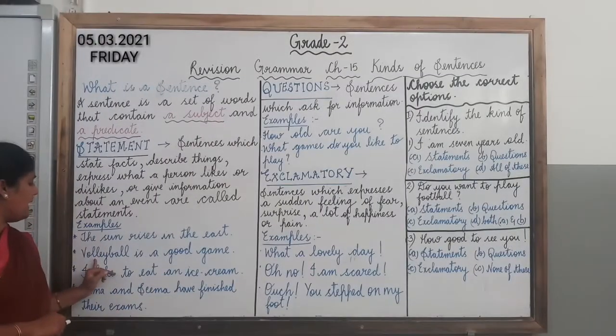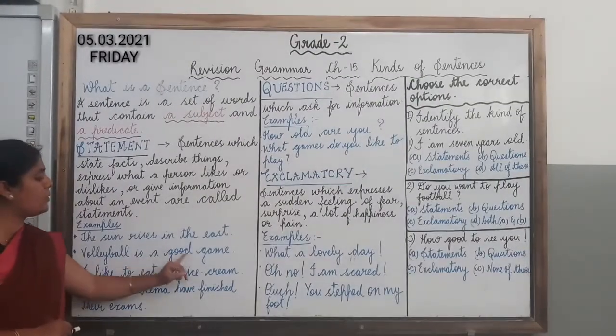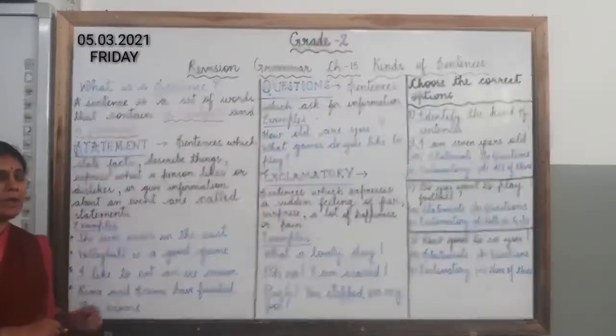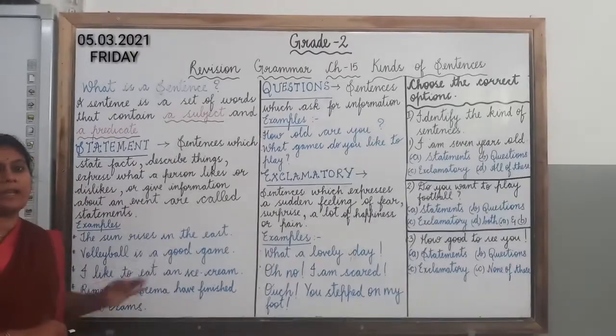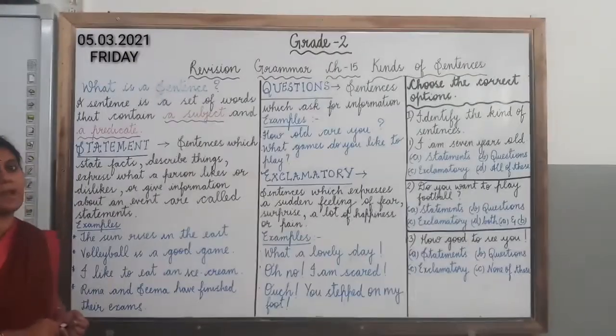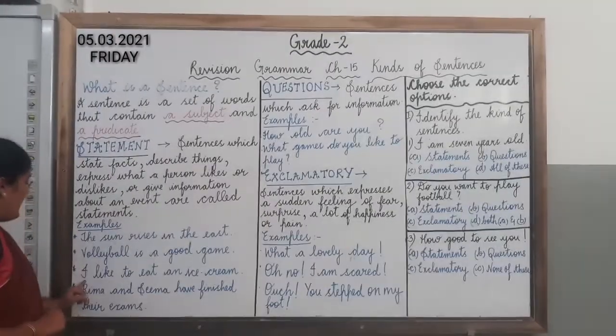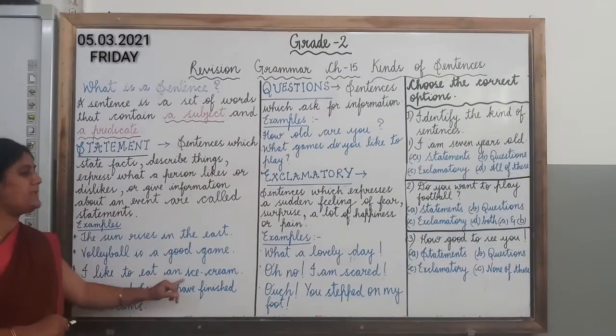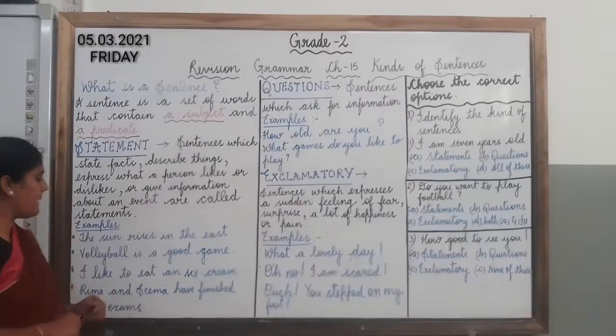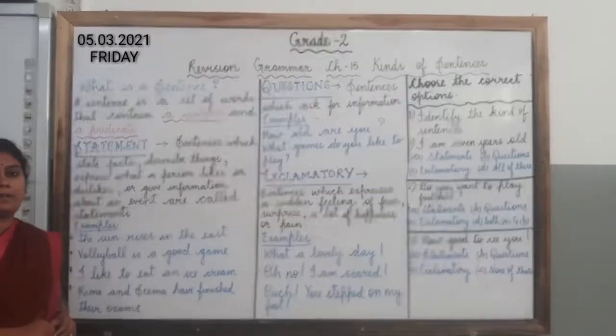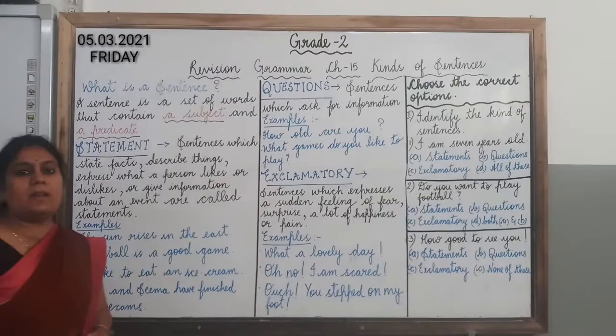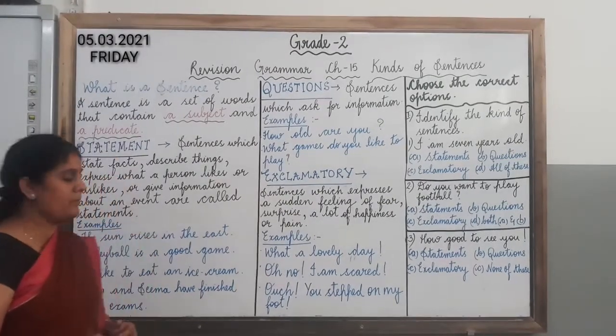Now the next example here I have written is, volleyball is a good game. Now here it tells us or it describes about the game volleyball, that volleyball is a good game. Next is, I like to eat an ice cream. Here we have come to know that a person likes an ice cream.